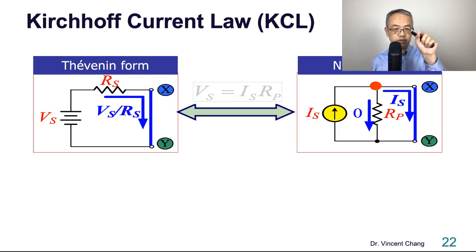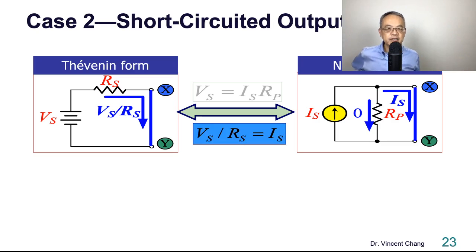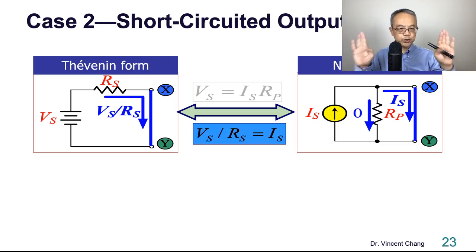The red node follows Kirchhoff Current Law, KCL. So Is, are you with me, equals 0 plus Is. So we can put these two short circuit output currents together: Vs over Rs equals Is.